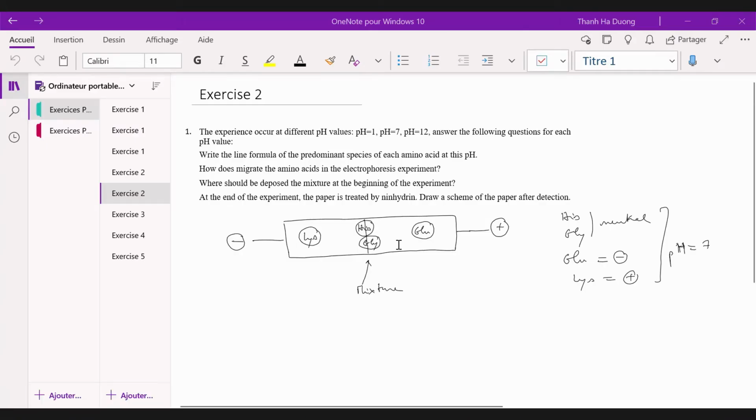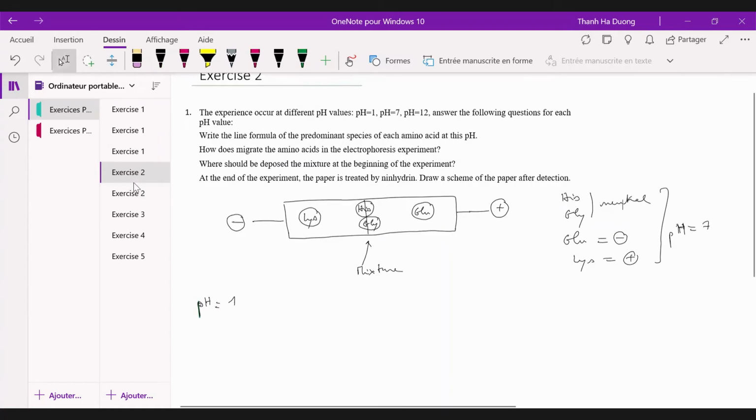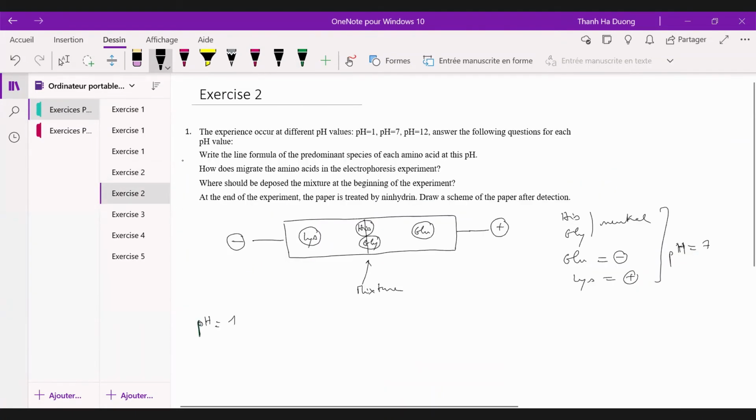Charge of your amino acid. Okay. For example, let's take the example at pH 1. At pH 1, glycine should be positively charged. Every amino acid will be positively charged, right?